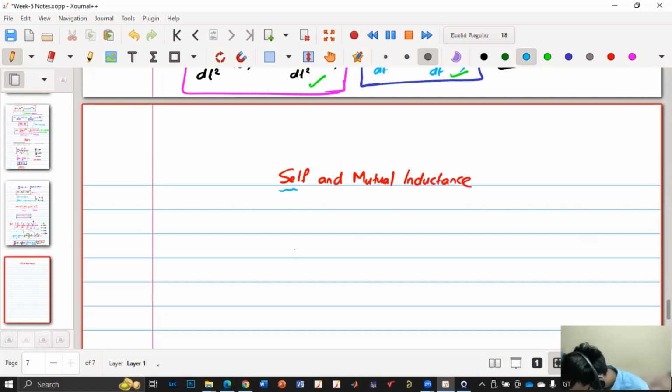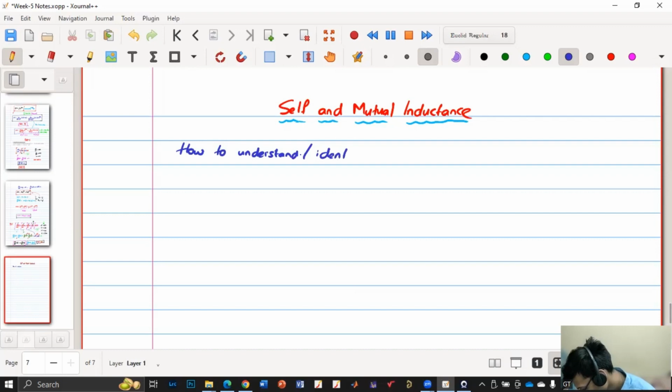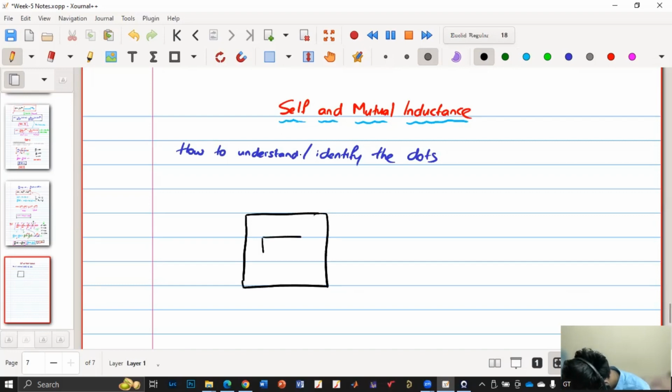So self-inductance and mutual inductance. First we need to understand how to identify the dots. Okay, so let me just draw one circuit.